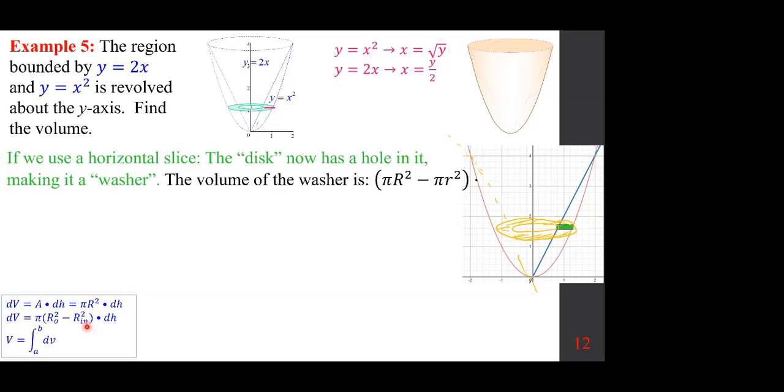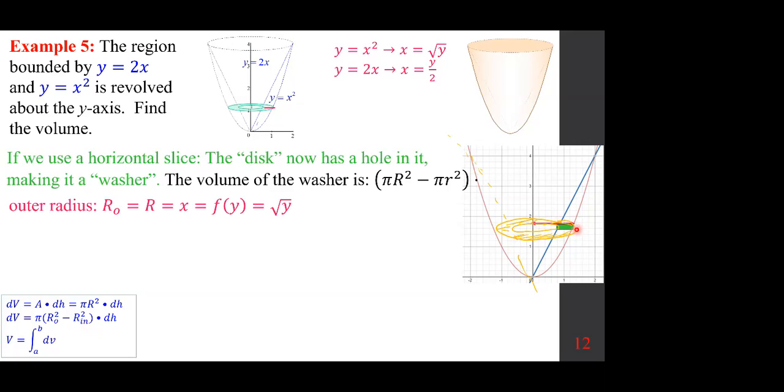The next thing I want you to notice is that R out is the x coordinate of the curve. Take a look at this. I'm going to go back one more time. This is R out. R out, everybody, is from here to the outer piece of this one.